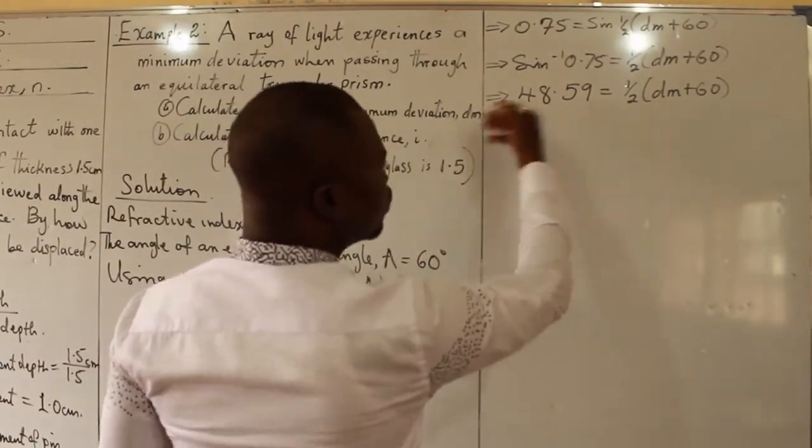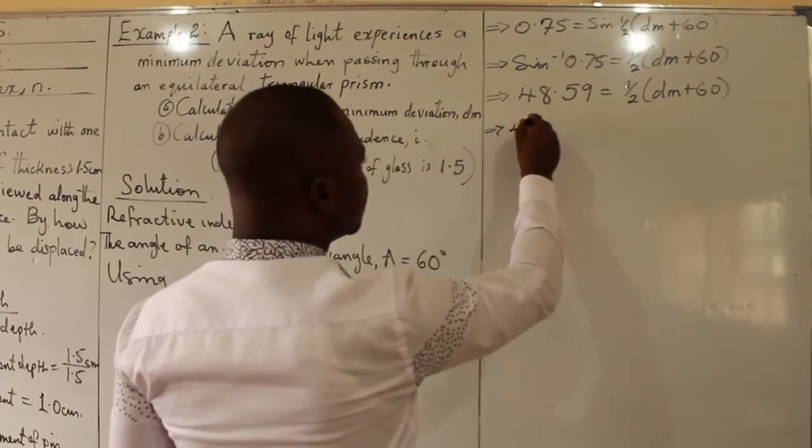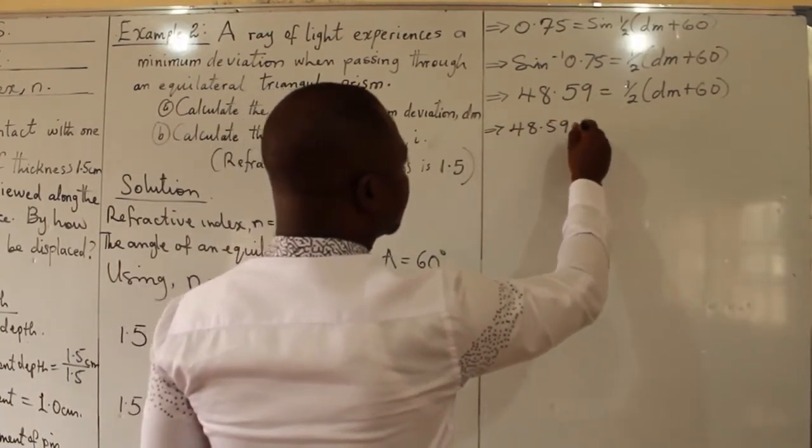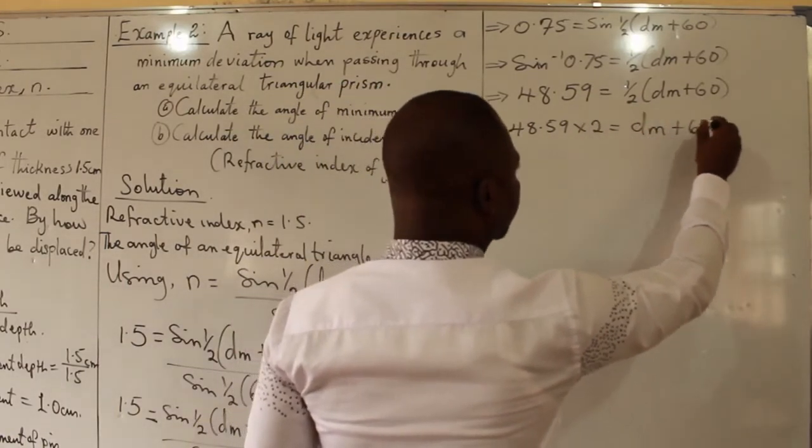Because this is dm plus 60, everything over 2, you cross multiply, using 2 to multiply this. So we have 48.59 times 2 gives you dm plus 60.